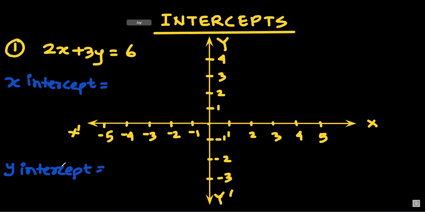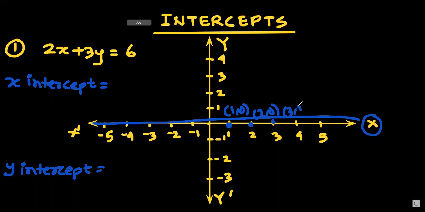To solve this kind of question, please remember the x-axis. On the entire x-axis, if you choose some point like 1, 0, this is 2, 0, this one is 3, 0, this one is 4, 0, this one is 5, 0, and so on. Also negative 1, 0, negative 2, 0, negative 3, 0, and so on.